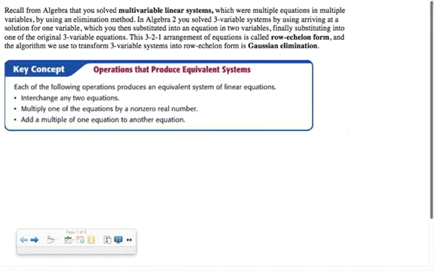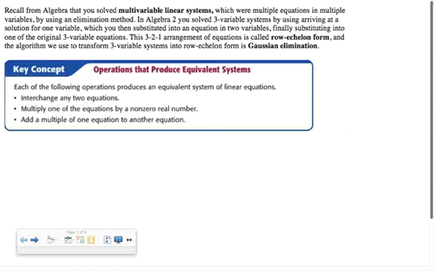In algebra, you solved systems of equations. And what we're doing in this chapter is looking at how we can use matrices to solve those systems of equations. Remember that in solving systems, what you aimed for was getting the value of one variable, and then you substituted it in for one of the equations with 2 variables, and then you took those values and plugged them into one of your original equations in 3 variables.